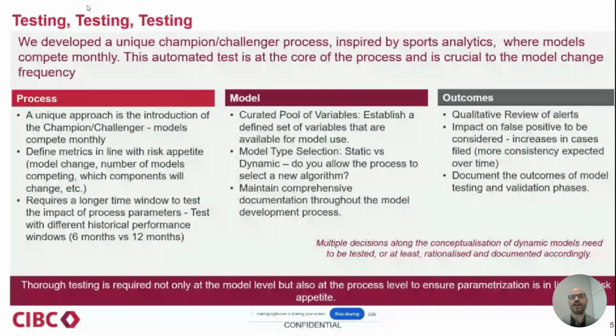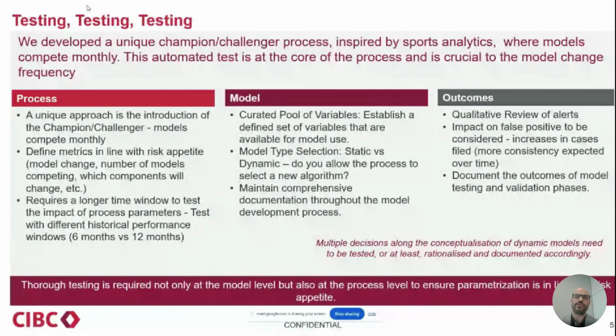Finally, I'll just say regarding outcomes that you still need to do your regular testing that you would do, right? For us, with qualitative review of alerts. So that's just a regular process, right? When we implement a new model. So that too still is in play here. And finally, the thing I put there is impact on false positive.